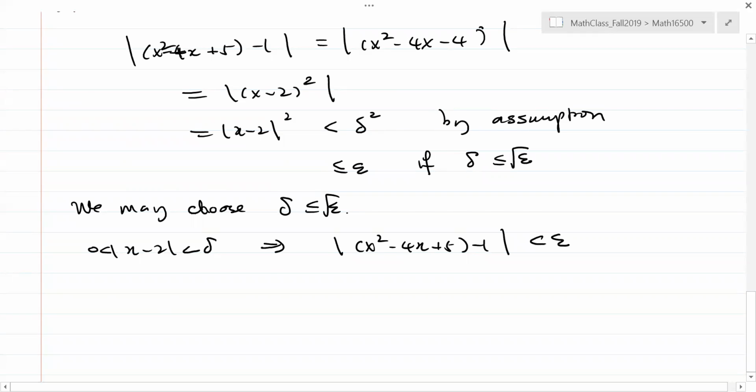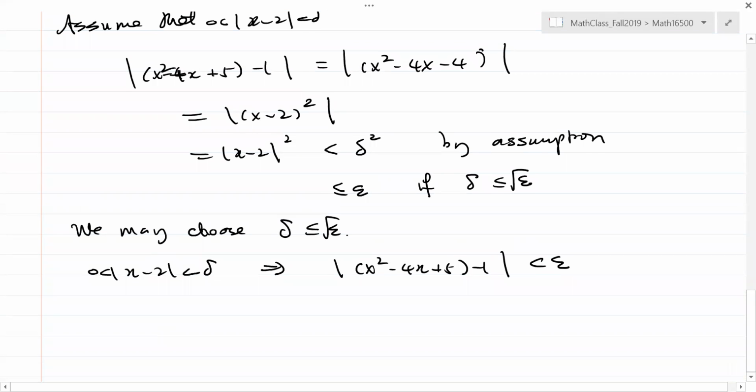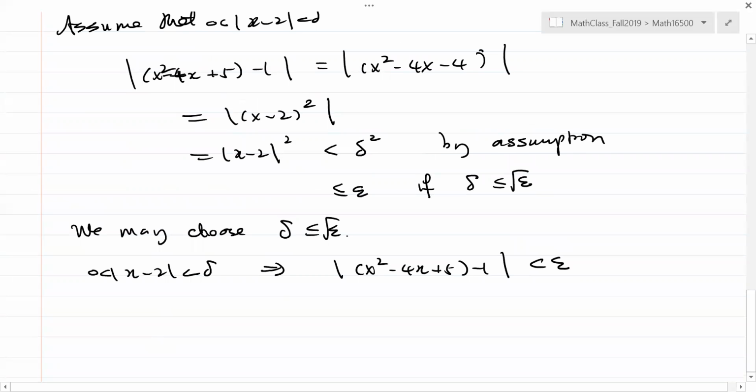For some problems you do have to use the second method. Let me modify the problem a little bit so you can see why this method is better than the other one. This one you probably still can use the first method because you only make one assumption on delta.